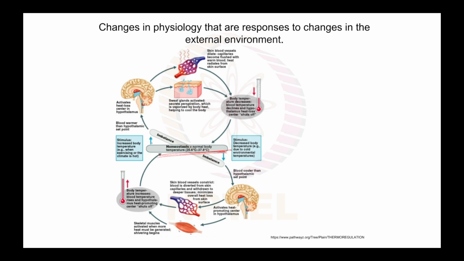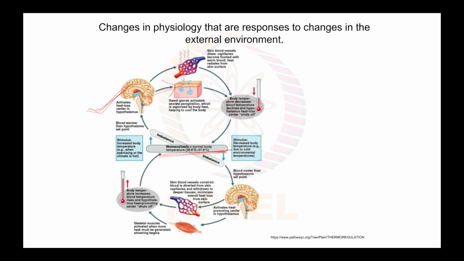If there is an imbalance, the body temperature increases during exercise or in hot climate, and the blood gets warmer than the hypothalamic set point. When the change in temperature takes place, the signal goes to the brain, to the hypothalamus, because that is the sensor for temperature. This region activates the heat loss center in the hypothalamus, and the hypothalamus gives instruction to the skin.